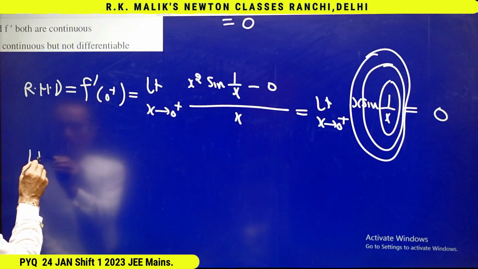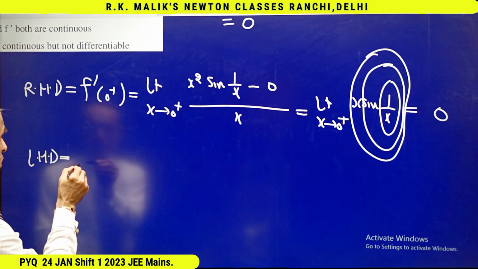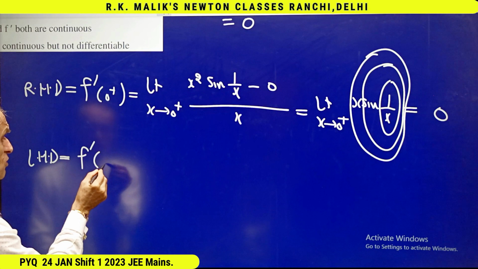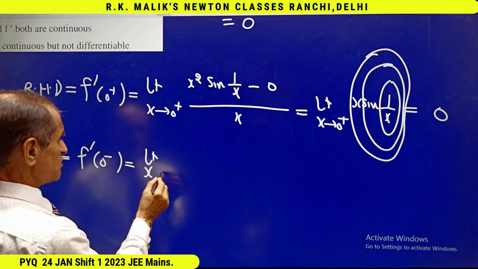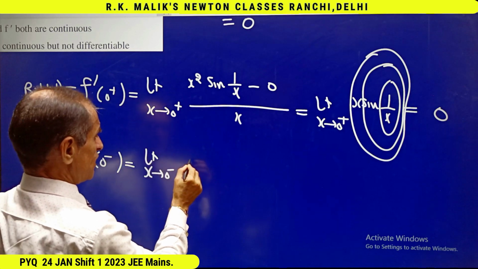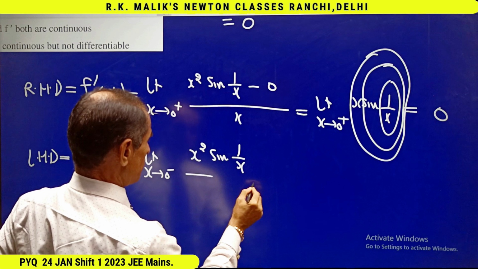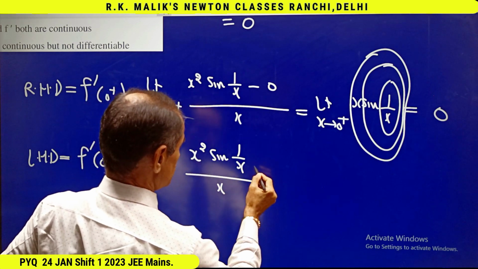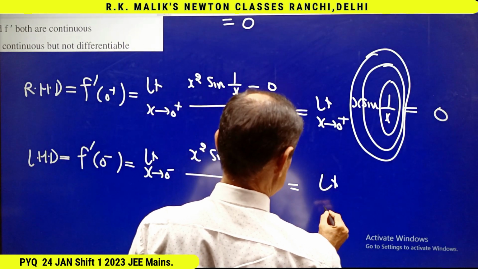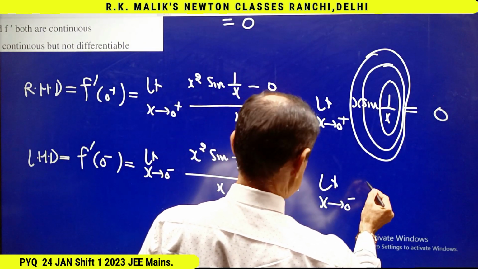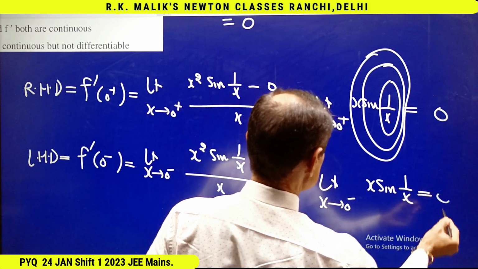Similarly, the left hand derivative is equal to f dash 0 minus, which is limit x tends to 0 minus of (x square sine 1 by x minus 0) upon x, that is 0.